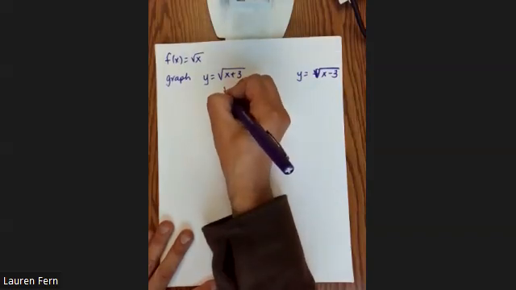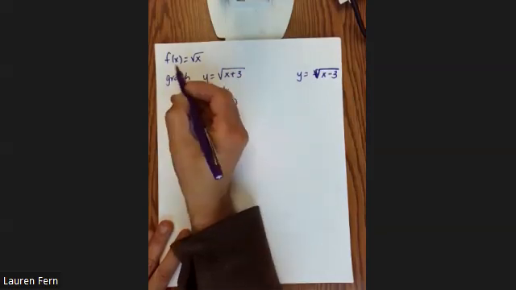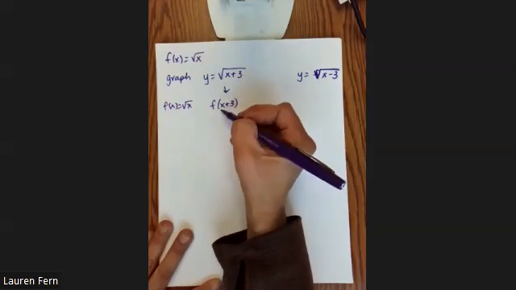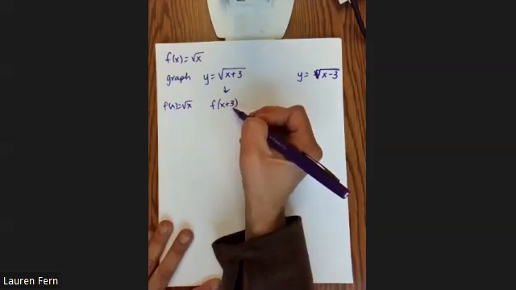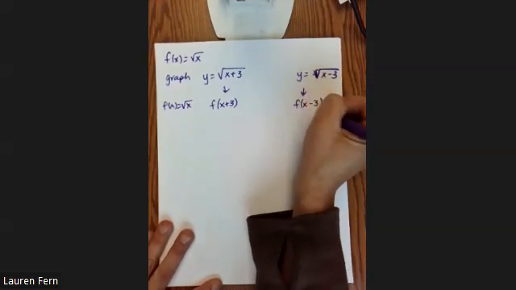And before we even do that, if f of x is the square root of x, isn't this guy just finding f of x plus 3? And isn't this one finding f of x minus 3?